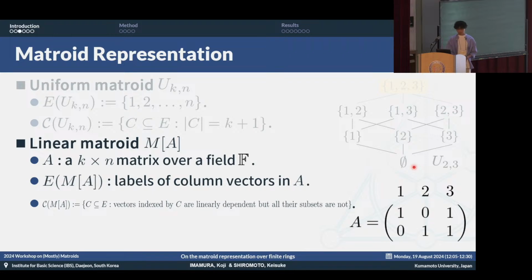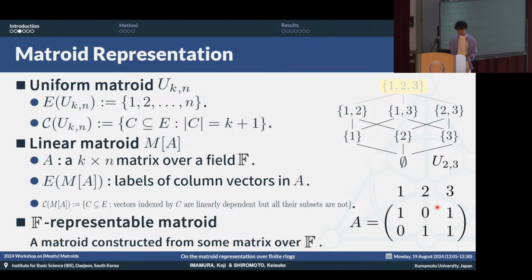As is also well known, a matroid abstracts some properties of linear independence, and we can construct a matroid from a k by n matrix over a field F. In this case, we define the circuits by minimal linearly dependent sets. From this matrix, we can obtain U_{2,3}. Like this, if a matroid is constructed from some matrix over F, we say that it is F-representable.